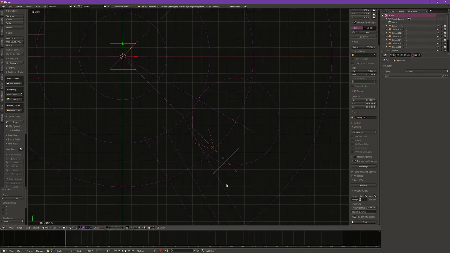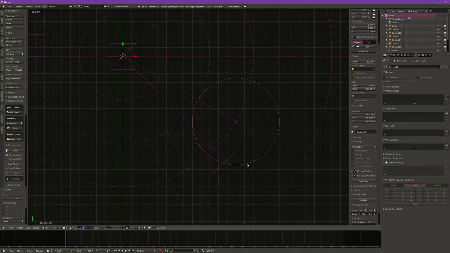Okay, let's assume this line was not parallel. Where would its intersection be? Or location?